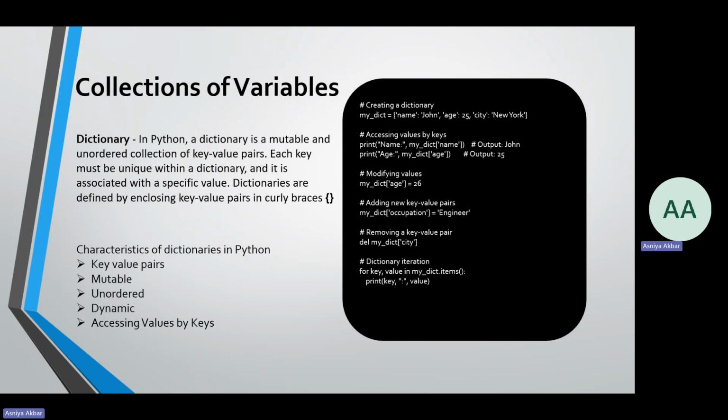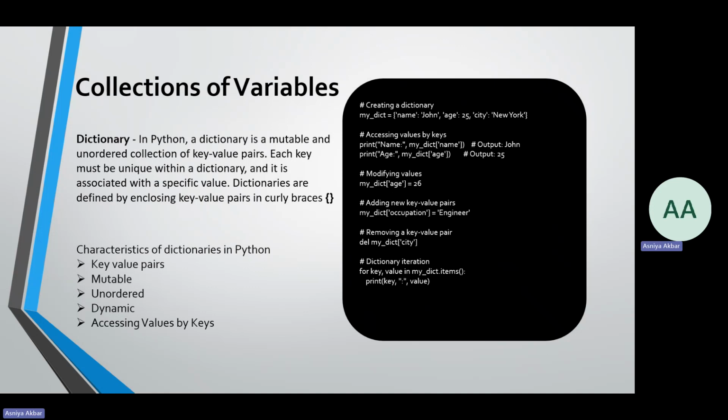Dictionaries are mutable, meaning that you can add as well as modify these, or even remove a key value pair after the dictionary has been created. So this makes a dictionary a very flexible and dynamic data structure. Also, they are unordered.